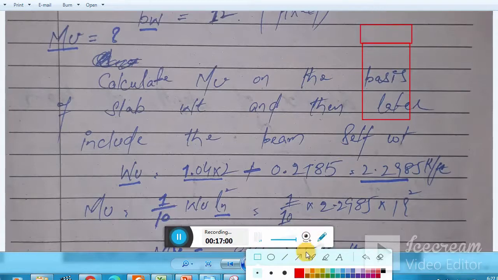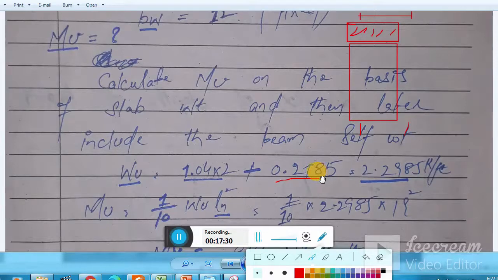You know that the width of this slab is 1 foot, because the width of the beam is 1 foot, and its thickness is 5.5 inches. So the weight of this slab portion present at the top of the beam is 0.2185, because we already calculated this weight.